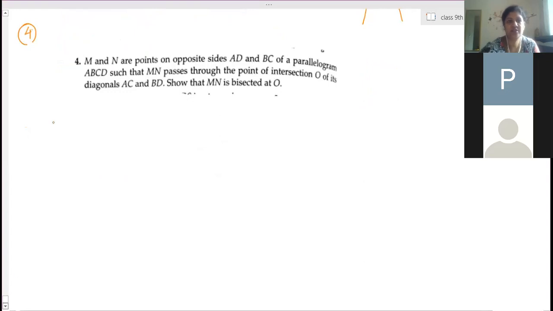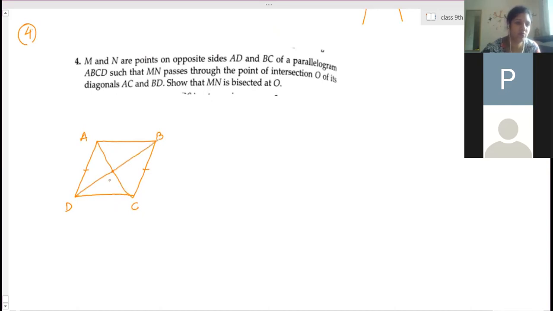Okay, so next question: M and N are points on opposite sides AD and BC of a parallelogram, such that MN passes through the point of intersection O of its diagonals AC and BD.